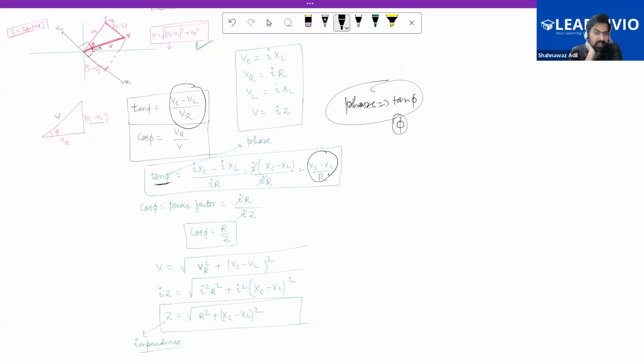Quickly note down this thing, and then we'll talk about it together. Only this part is important. If we remember this triangle, then the other things we can just write down.